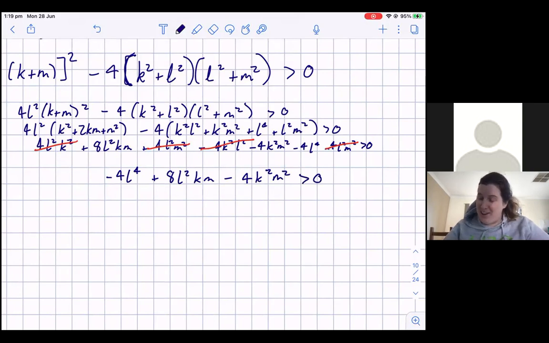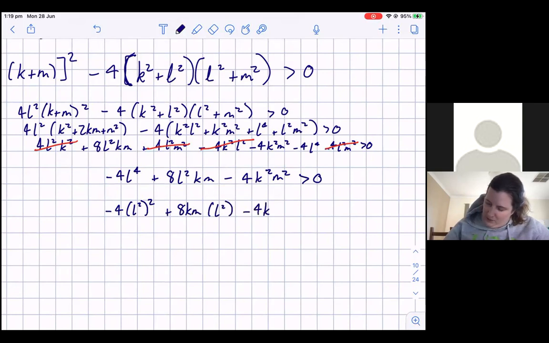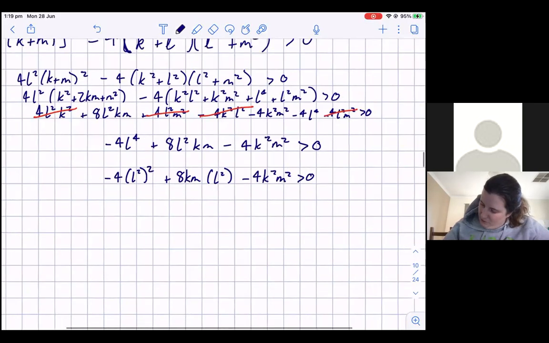This is kind of like another quadratic in itself. We've got negative 4 times l squared squared plus 8km times l squared, take 4k squared m squared. I'm going to divide everything by negative 4, it's going to make it a bit simpler. So I've got l squared squared, take 2km times l squared, plus k squared m squared.